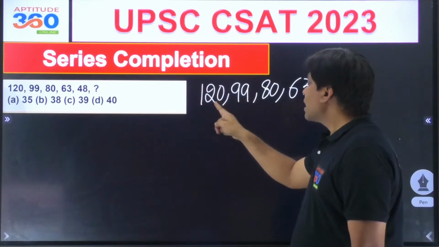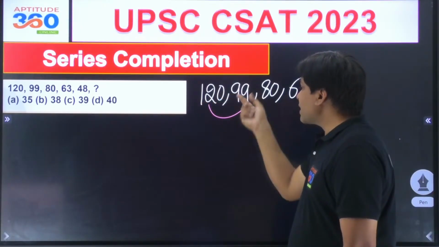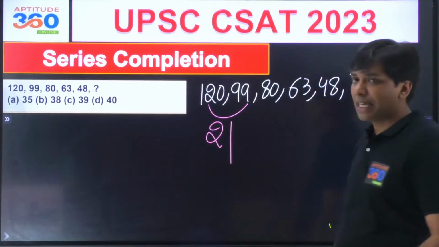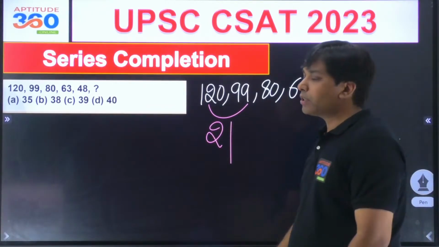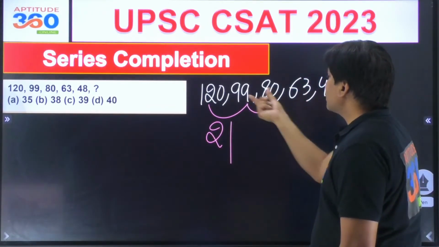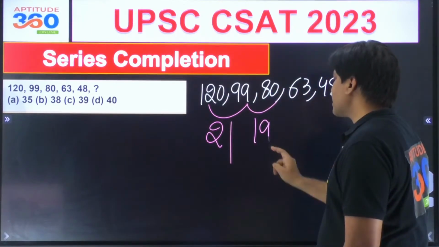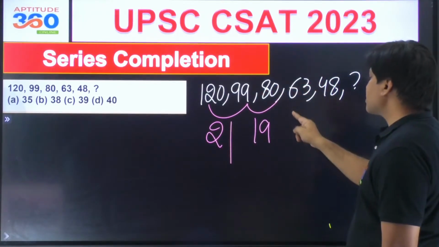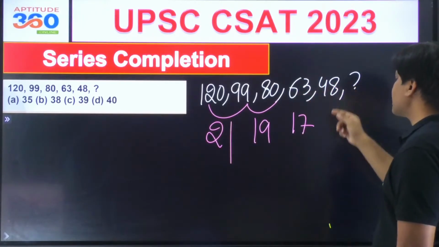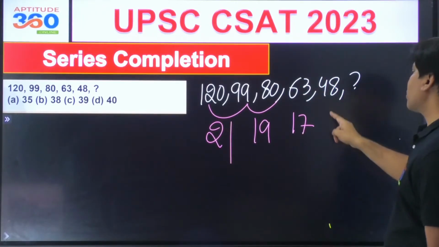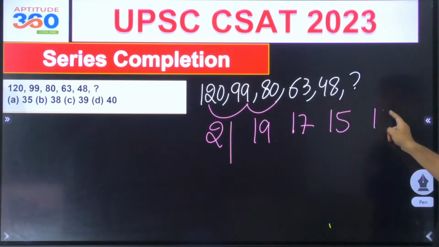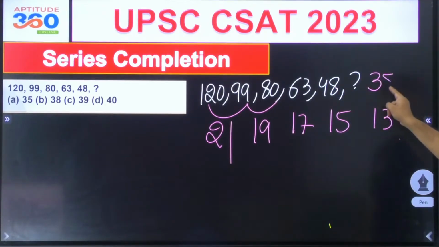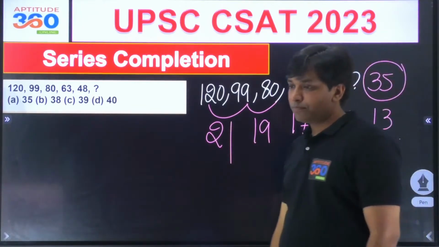This term minus this term is 21, isn't it? In the decreasing order, and then this term minus this term is coming out as 19. This term minus this term is coming out as 17, and this minus this is coming out as what? It is coming out as 15. So this one will have to be 13. So 48 minus 13. What is this term out here? This term is 35. Good job.